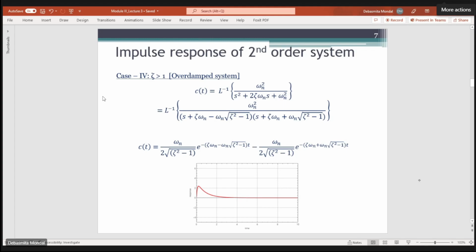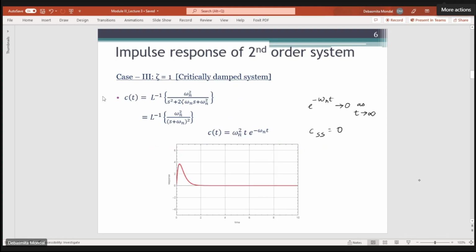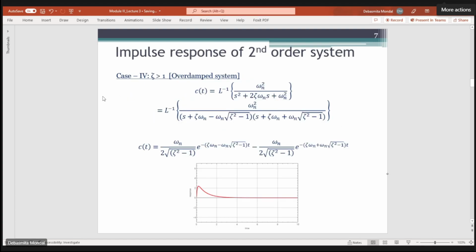If the critically damped system goes to steady state at t equals 2 seconds, let us say, the overdamped system takes maybe t equals 3.5 seconds.